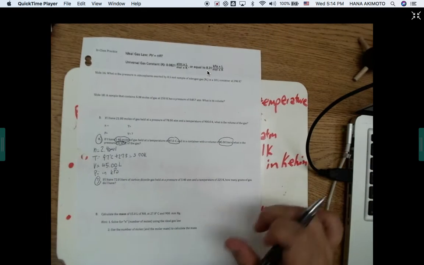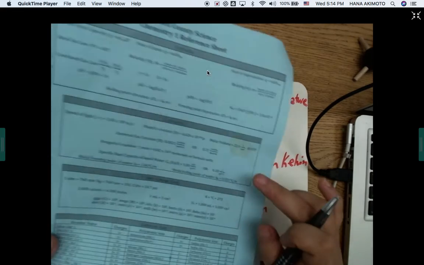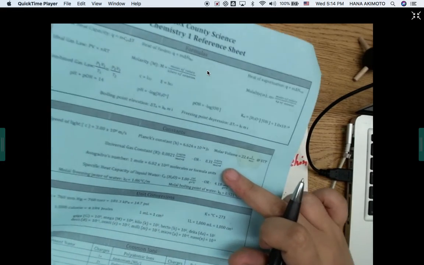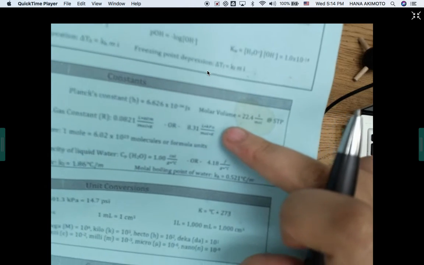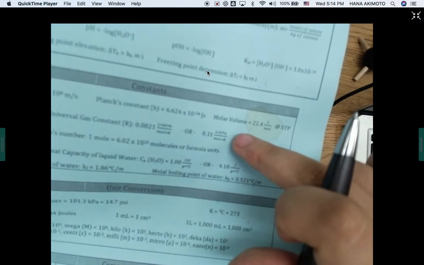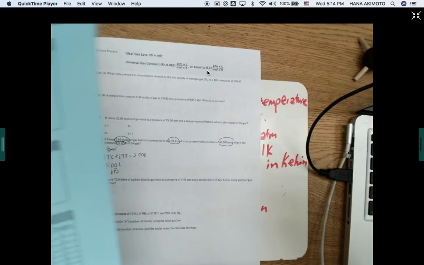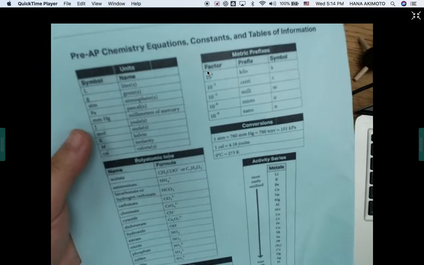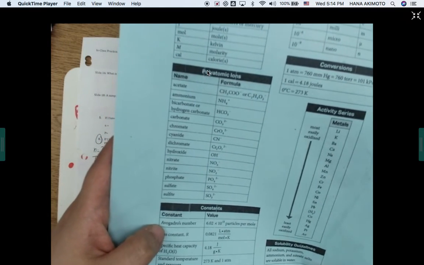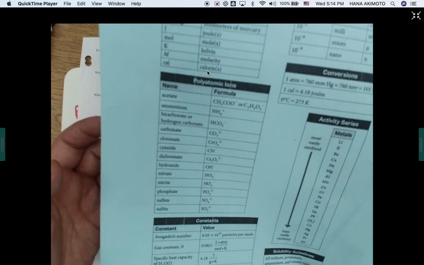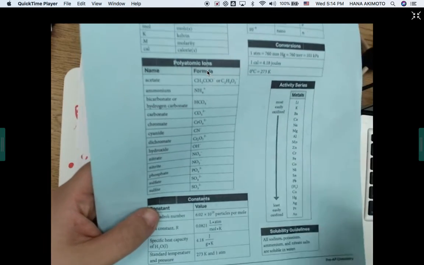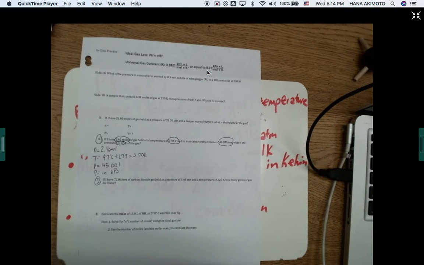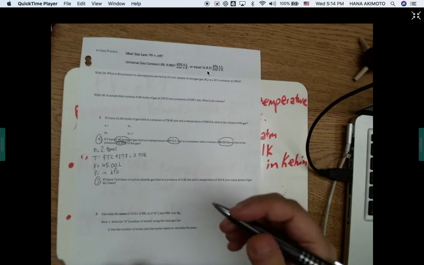But we also gave you the gas constant if we're doing it in kPa as well. Okay? So look at your blue sheet or whatever colored sheet that you have. Let's see what Pre-AP says. Pre-AP doesn't give you that number, so you would have to convert here. Okay? All right, so let's calculate.